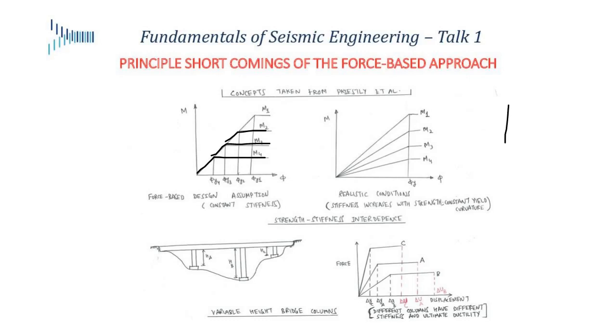When you make things stronger, so if I go from a column of a certain diameter to a wider column, I also increase the stiffness. So even though my bending moment capacity is increasing, so is the slope of this line coming up. And in force-based design, we pretty much don't take account of that.